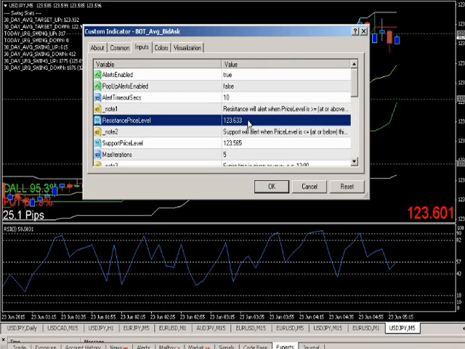What I do in order to make this work for me, I'm not going to enter in the exact number that I've discovered on the broker. I like to be maybe 4 or 5 pipettes away.